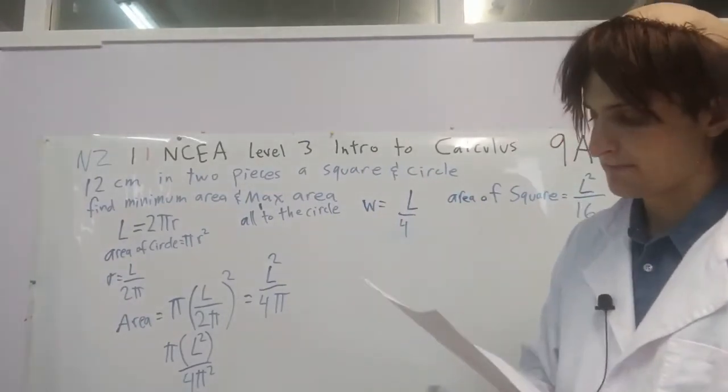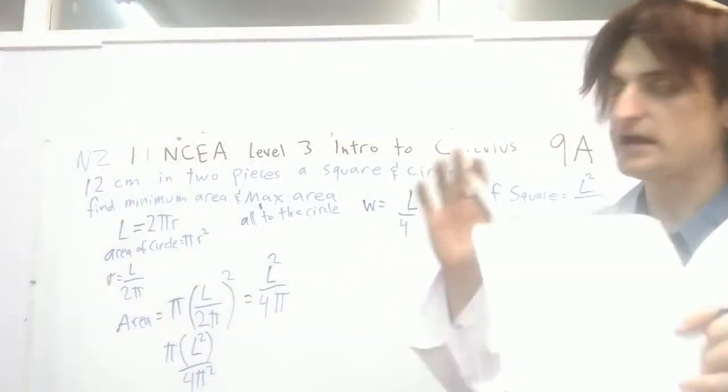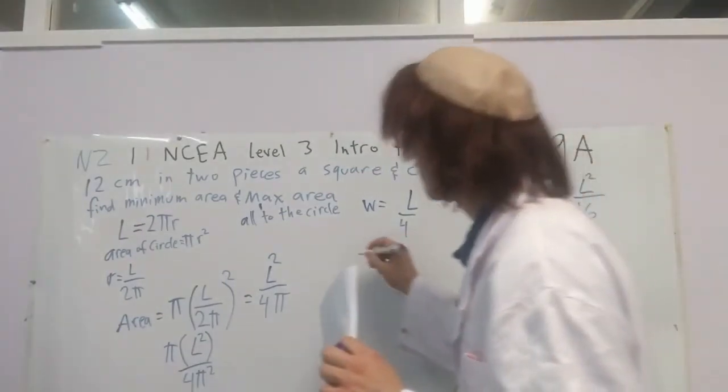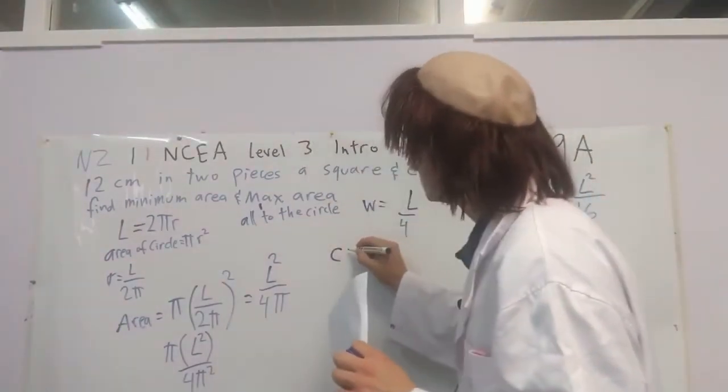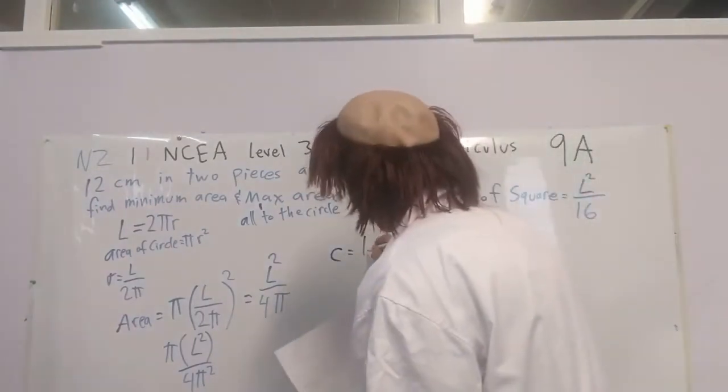Here's what I mean. I'll create a variable, we'll call it C. This is the length assigned to the circle.